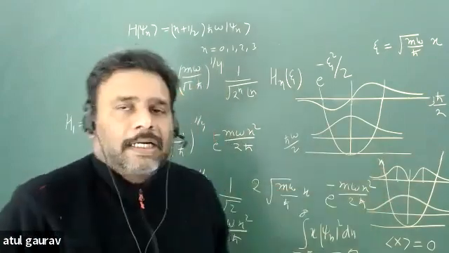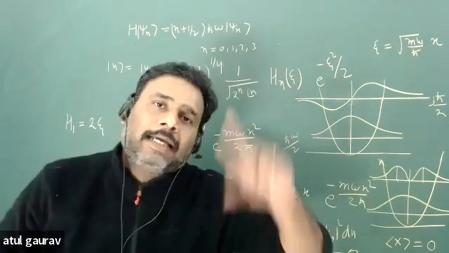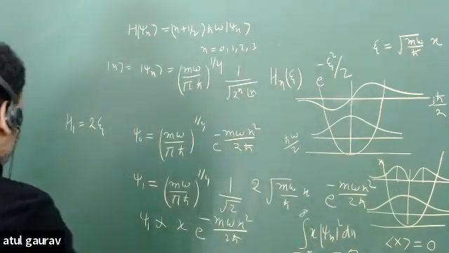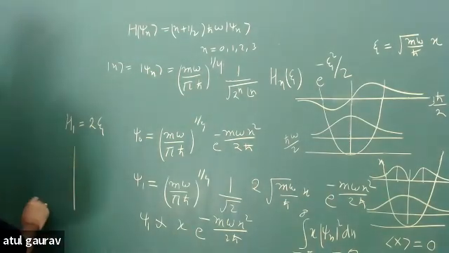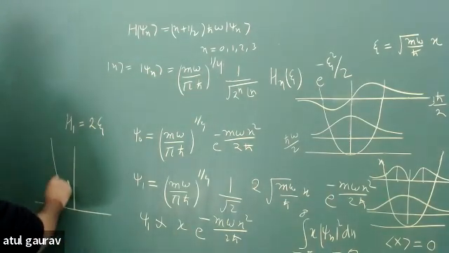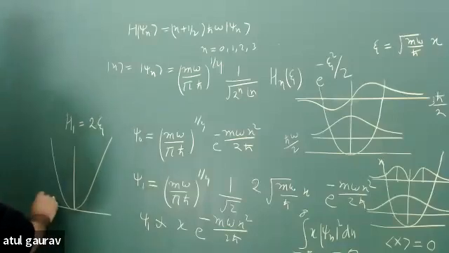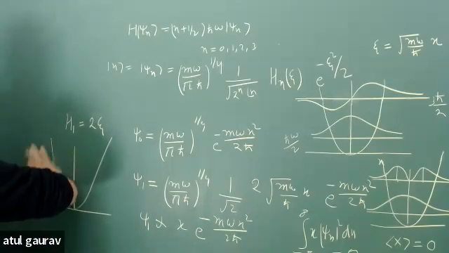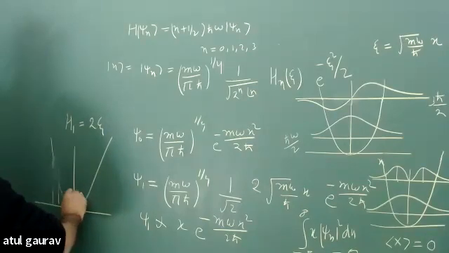But when you plot it for higher values of n, what is going to happen? Suppose I take a bigger value of n, and suppose this is my potential, then you will be surprised that for the bigger value of n you have this kind of probability density.